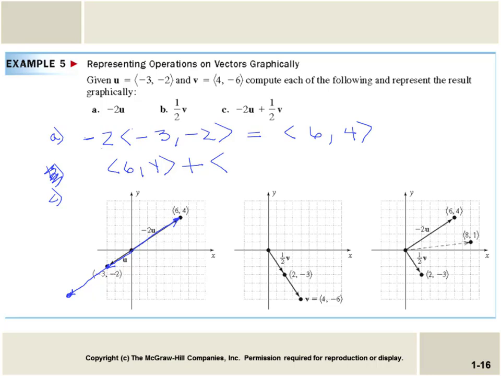Well, I just multiplied by 1/2, so it's 2, minus 3. And then I can just add them regularly, and I'll get 8, 1. And that's my final answer. So I think algebraically is pretty simple, right? There's nothing tricky about it. So any questions here?